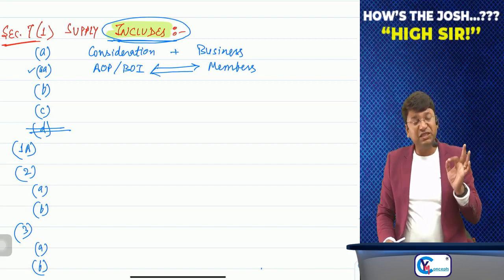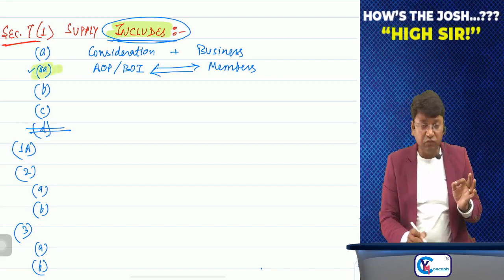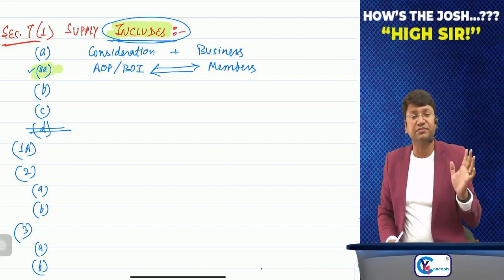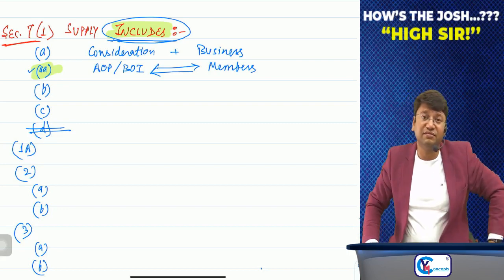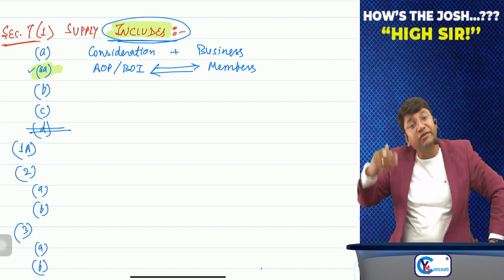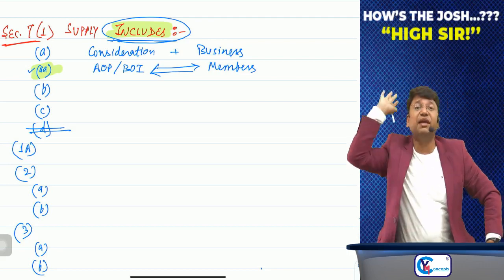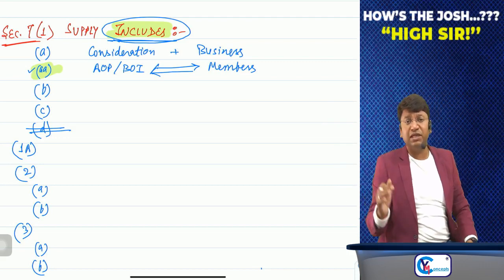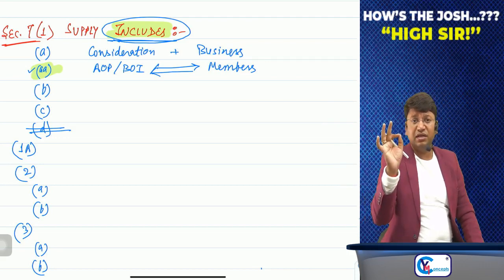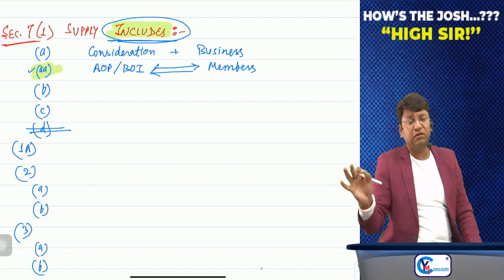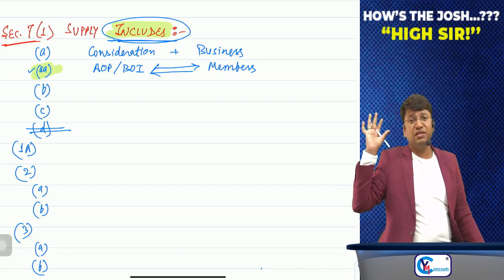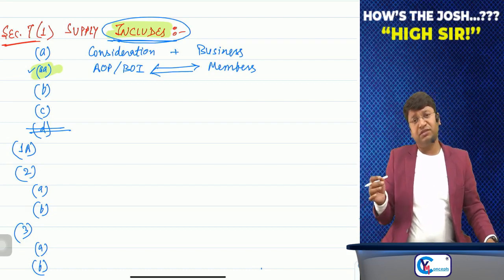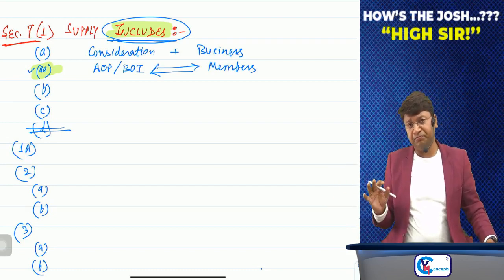So the government specifically inserted clause number AA to remove all the disputes and solve all the ambiguities, and they have clearly mentioned that notwithstanding anything contained in any law or any judgment given by any authority, whether appellate or administrative, sir, an unincorporated AOP BOI and its members will be two separate persons, and any activity performed between the members and the AOP BOI will be supply if it is for a consideration.